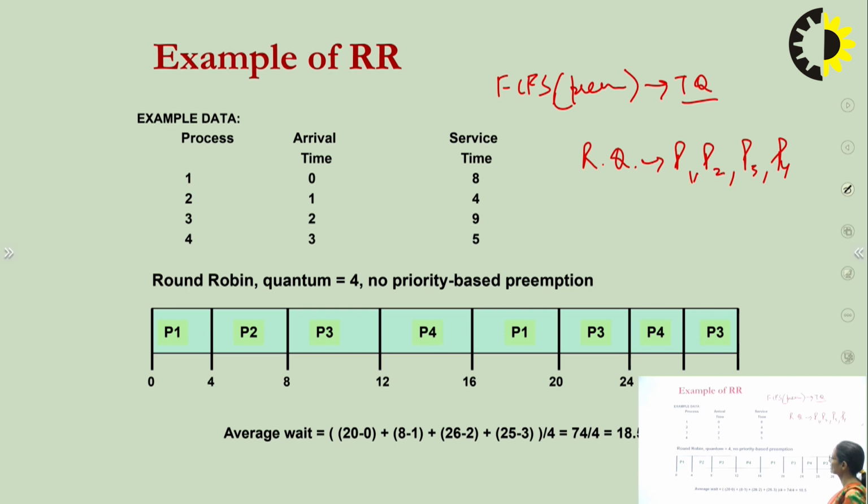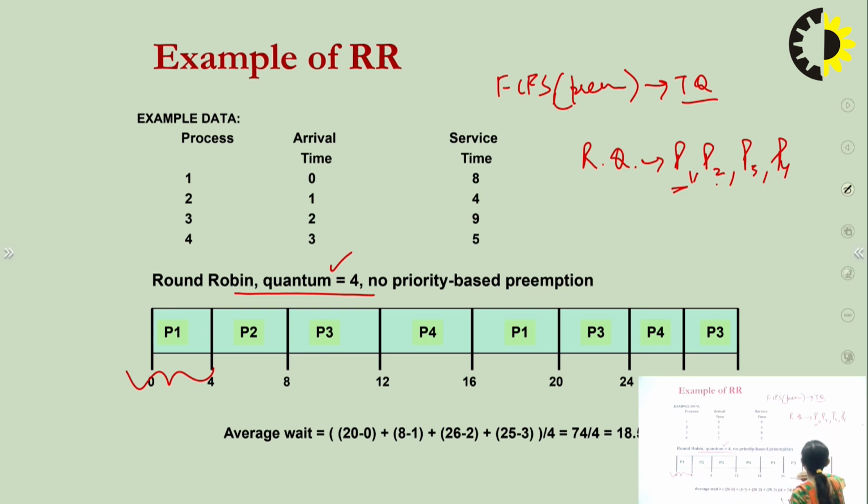So which process gets the processor first? P1, but for how much time? Only for 4 units. In this case, the time quantum or time slice is 4 units. No priority based preemption is done here; we are doing the preemption on a time basis. So for 4 units, P1 will get the processor.